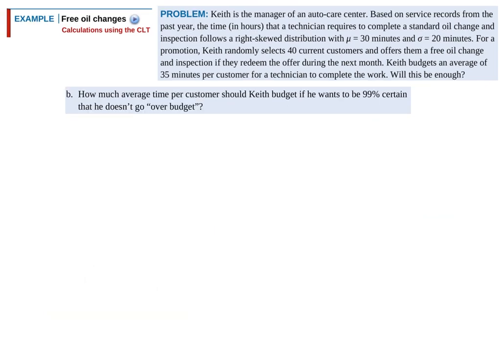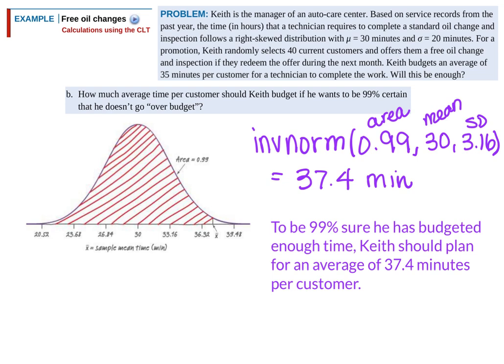And our last question here is, how much average time per customer should Keith budget if he wants to be 99% certain that he doesn't go, quote, over budget, end quote? So if you want to think about this visually, we want to find our X bar value that will give us an area to the left of 99% or 0.99.